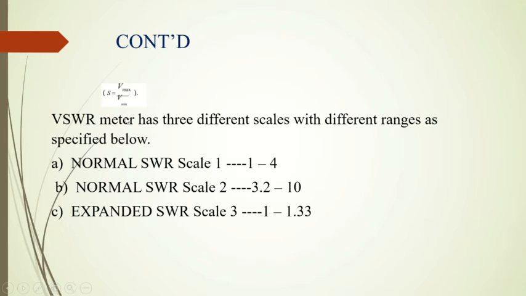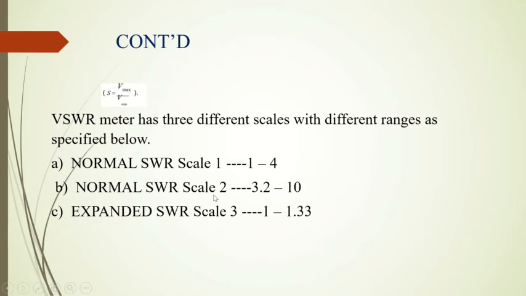Using this formula, you are able to calculate your VSWR value, which, as given previously in the mathematical expression, is Vmax over Vmin. And then our VSWR meter has 3 scales. One is from 1 to 4.